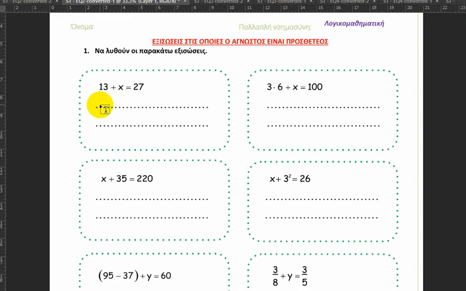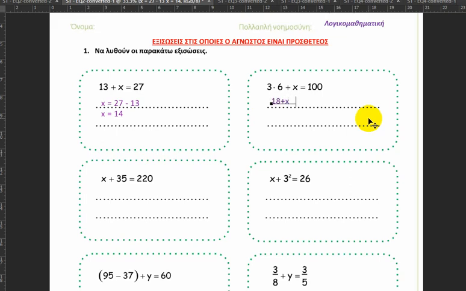All right, 13 plus x equals 27. That means that x is going to be equal to 27 minus 13. So x will be equal to 14. Here we have 3 times 6 plus x equals 100. So I can do 3 times 6 before I continue with anything else. That would make 18.